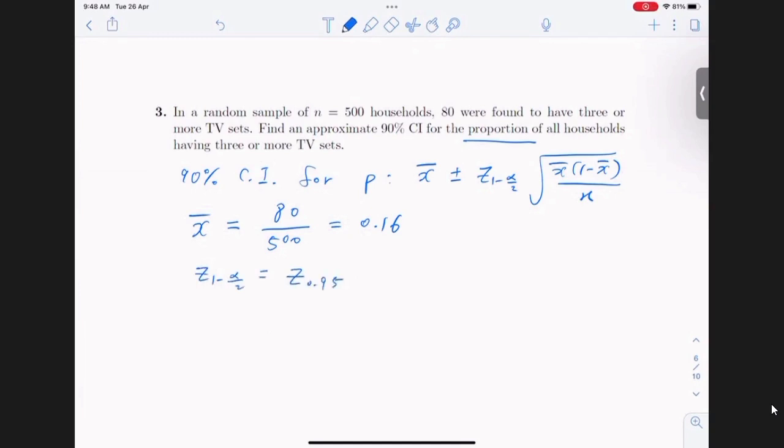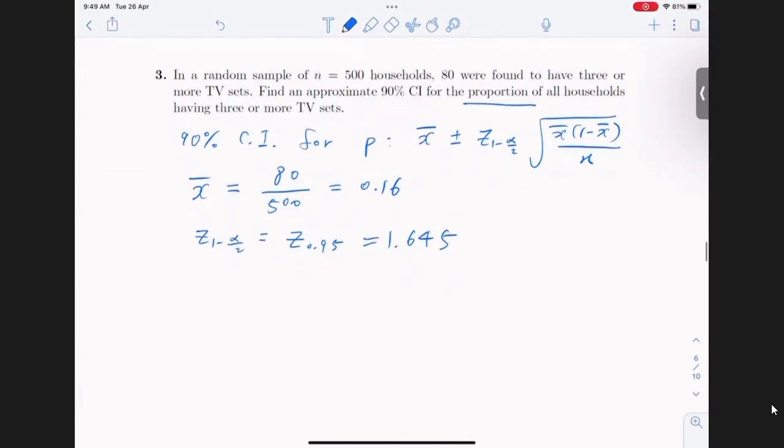Now notice that the coverage required is 90%, so alpha is equal to 0.1. 1 minus alpha over 2 will become 0.95. So this is, again, obtained from the standard normal distribution table, or by R. So we substitute everything into the formula.